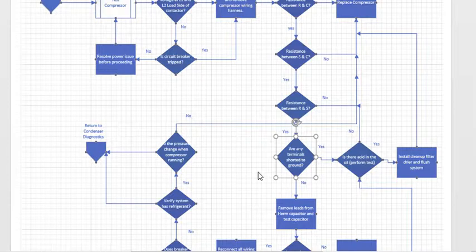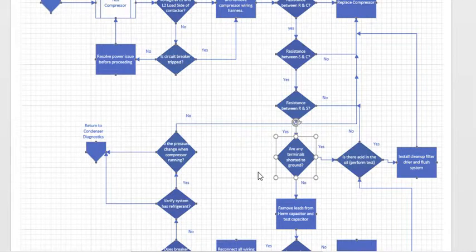So if the oil does not have acid, go ahead with the compressor replacement procedures. If the refrigerant oil does have acid, you still have to replace the compressor because the compressor is bad. But you need to install a cleanup filter dryer and flush the system. You've got to get rid of that acid because acid will just burn out the new compressor.